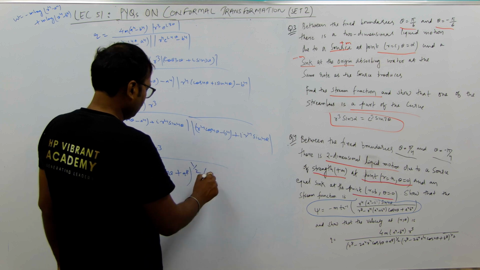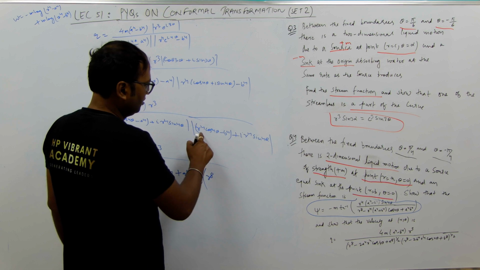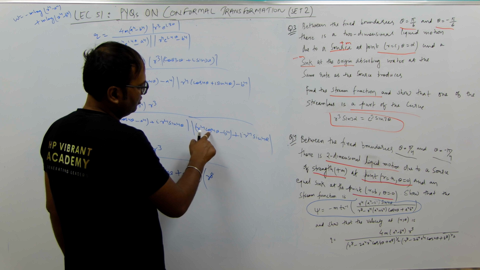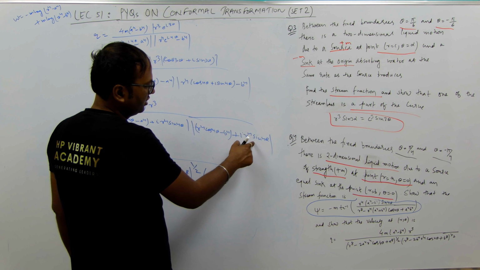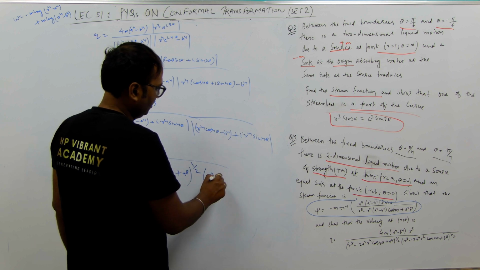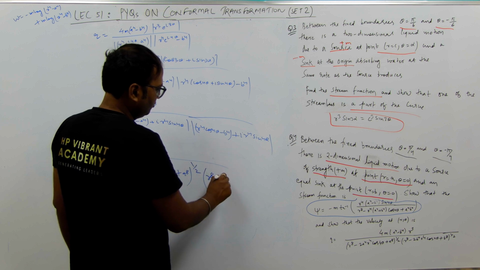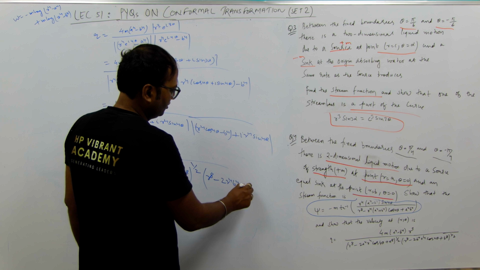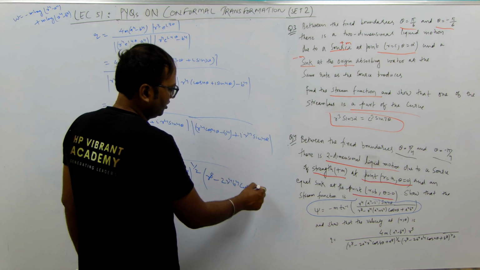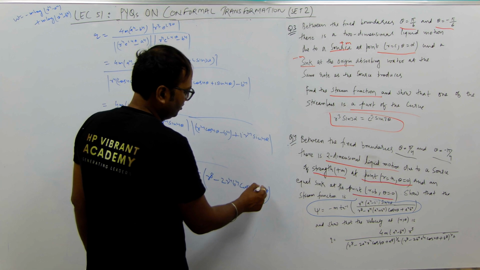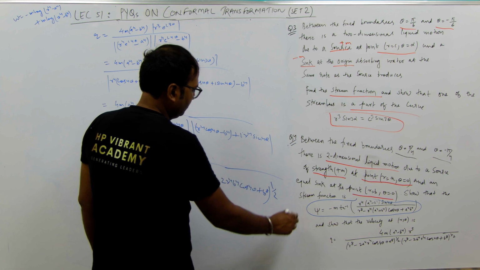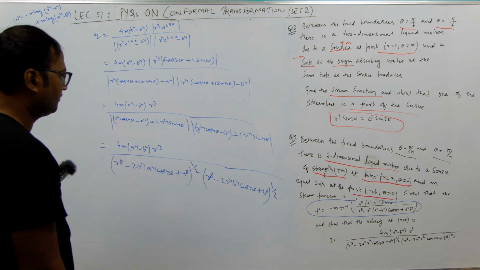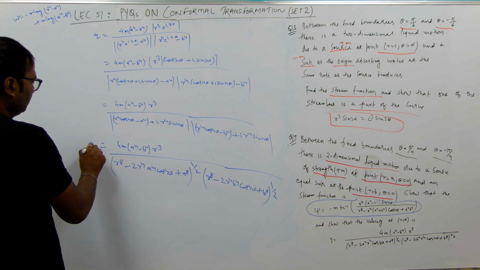Similarly, this is r^8 cos^2 4 theta, this is r^8 sin^2 4 theta. So this will be r^8 minus 2 r^4 b^4 cos 4 theta plus b^8, this is half. Okay, so this is the expression for the velocity.